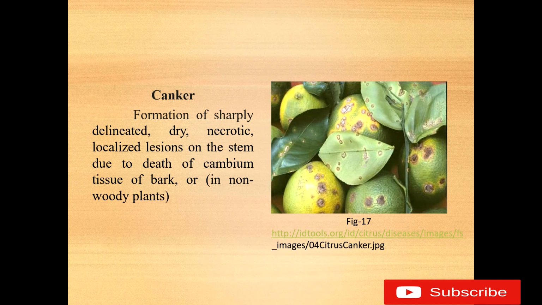You can see cankers in citrus plants, both on the leaves and on the fruits. You can see sharply delineated dry necrotic lesions. This is due to the death of the cambium tissue of the bark, the outermost layer, which may cause death and later lead to the canker.